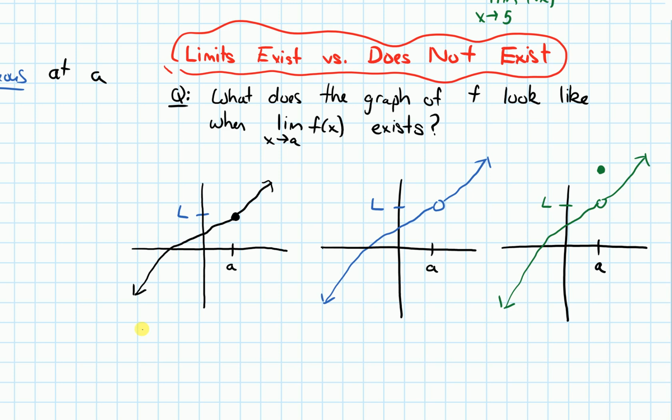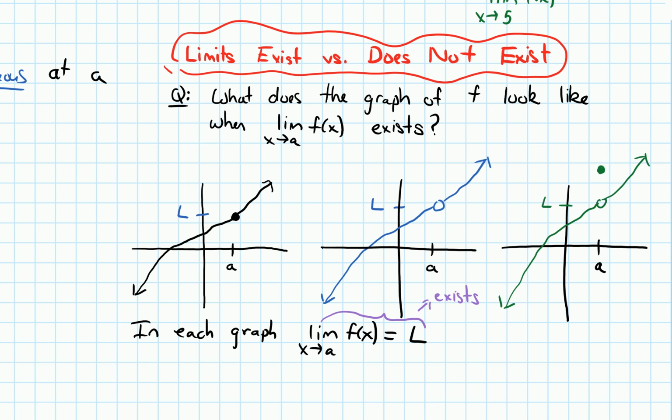So in each of these graphs, let's recap: the limit as x approaches a of f of x equals L. And the fact that the limit is a finite number is what tells us that the limit exists. So it being this finite number means the limit exists.